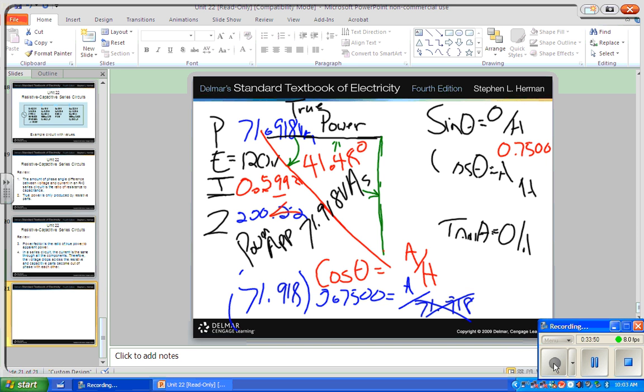Times 0.75. 53, sorry. 53 what? Watts of true cranking force or real work getting done. 53.9388 watts of work is getting done in the circuit.